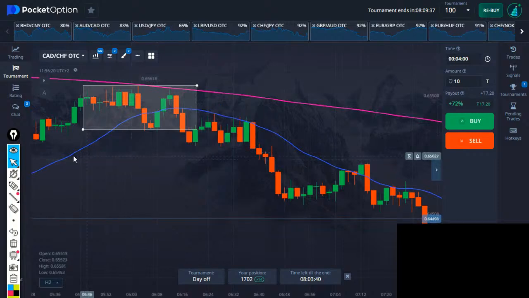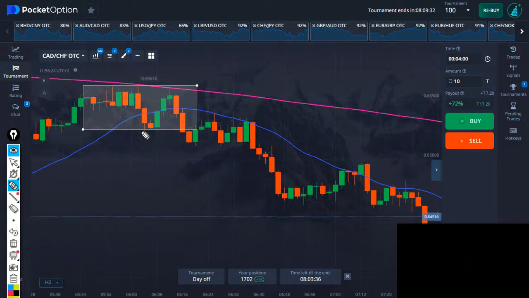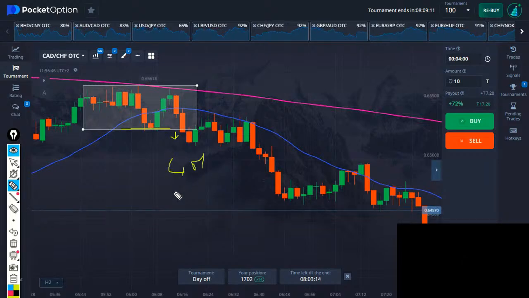All right, the only thing you have to wait for is a clear break of structure over here from a very powerful bullish 2 minute candle. Now you should see at least half of the 2 minute candle crossing below your swing low and closing below it, and you take a 4 minutes trade to the downside.